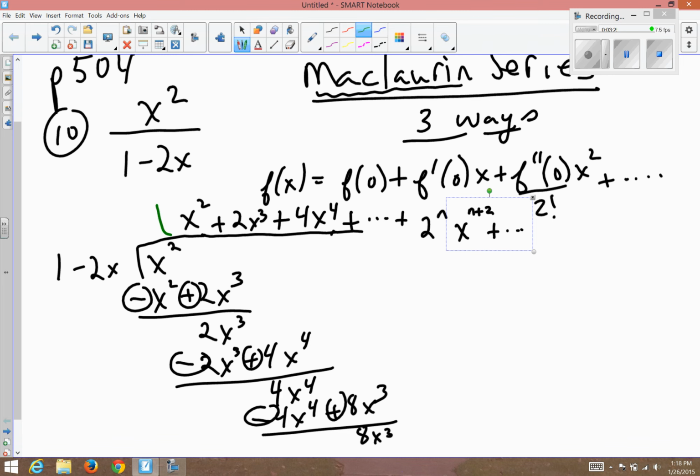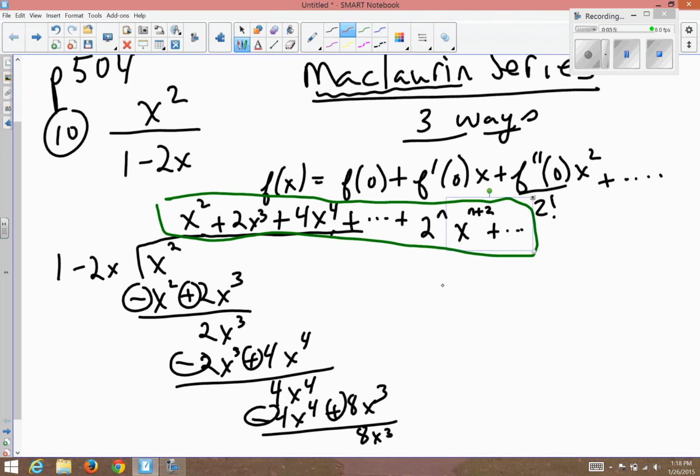The answer to this exercise is right here. The dots outside, at the end here, mean there is no end. The sum starts at n equals 0, because when n is 0, that's when you get this first term. 2 to the 0 is 1, so 1 times x to the 0 plus 2, in other words, 1 times x squared.